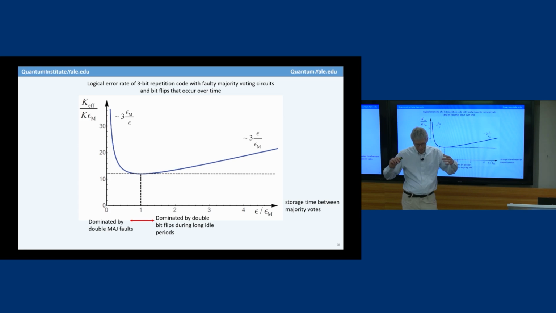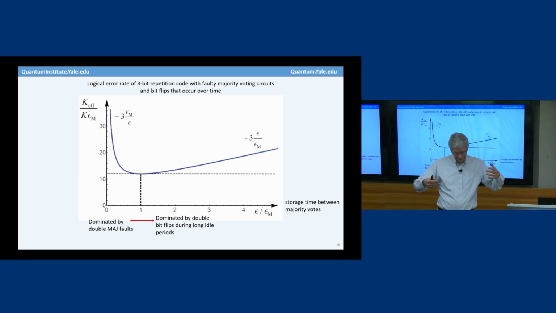Whereas a cold atom system that has a coherence time of 1 second or something, it would be very hard to get any error correction gain for memory because the memory is already so good. But they have a huge problem because their gates are slow and not very good. Why is that? Because the reason they have 1 second coherence times is that their atoms are almost disconnected from the rest of the universe, including your control system.